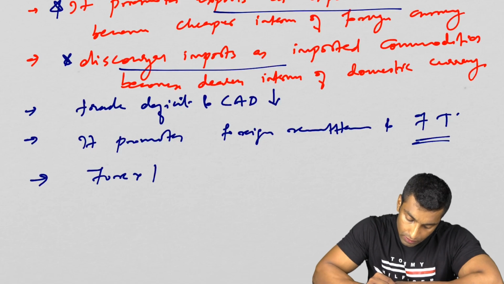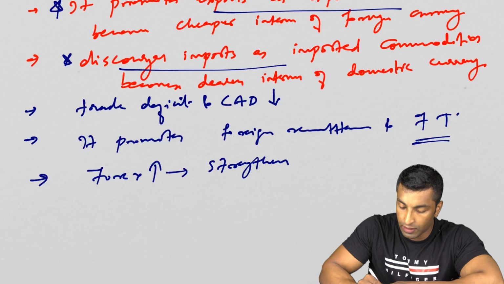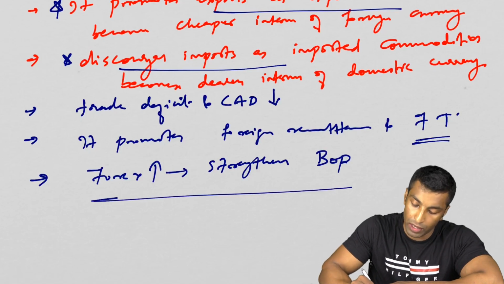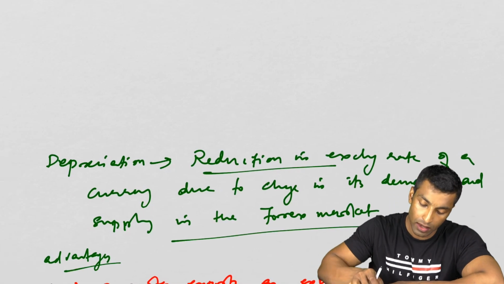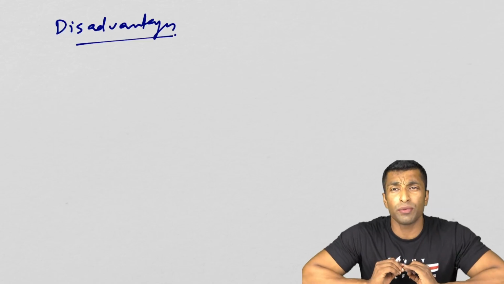So forex increases and that leads to strengthening of what? BOP. So these are the advantages of depreciation of the rupee. What are the disadvantages? Let me write the disadvantages.